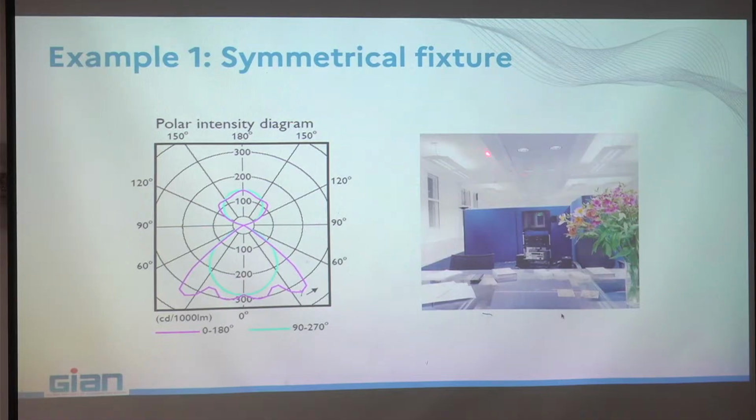If you take the cut that way, you see the 4 lamps. And if you take it that way, it's very Lambertian, and you see that also a part of the flux is going upward, following the two plans. You see that you have a fixture that in that plan opens the beam at 60 degrees, and the peak is not very high.